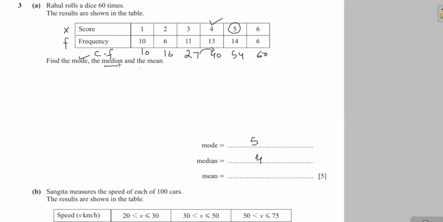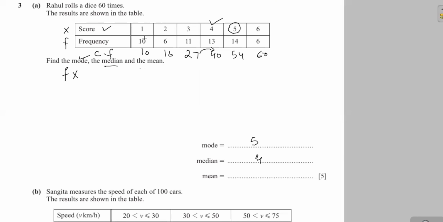Find the mean. The mean formula is sum of values divided by total number of values. To calculate the sum of values, firstly we will multiply the score by the frequency. We represent score by x and frequency by f. Therefore, firstly we will get the product of f into x.